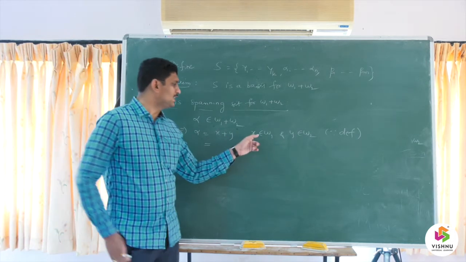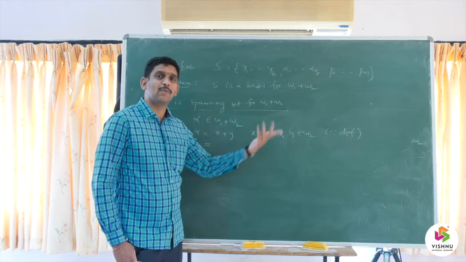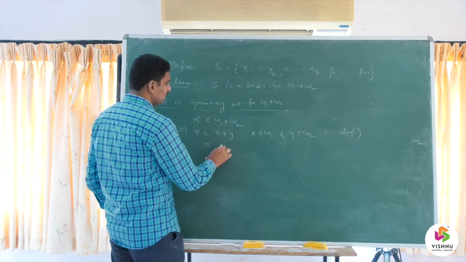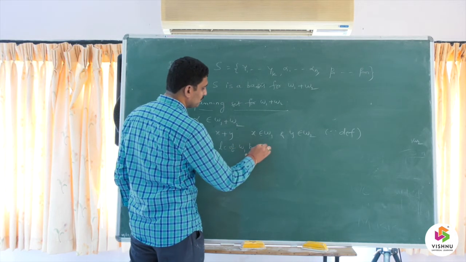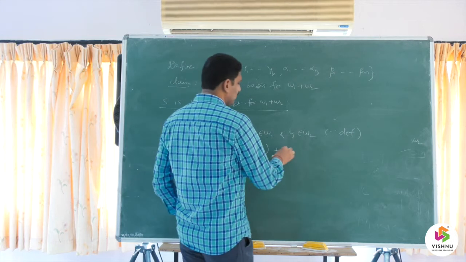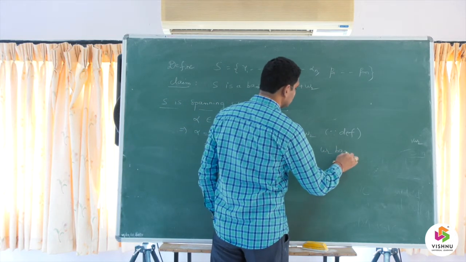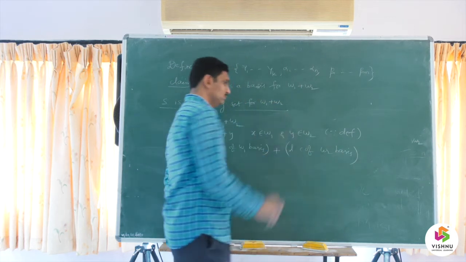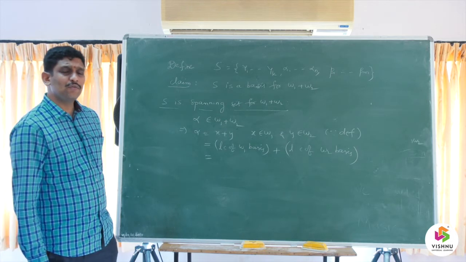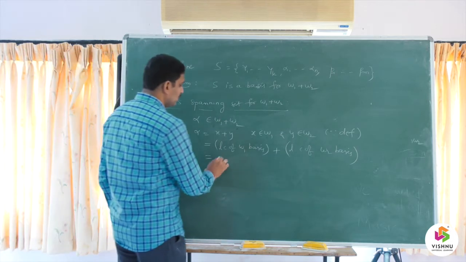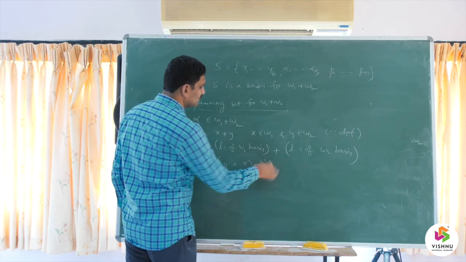Again, since x belongs to W1, you can write x as a linear combination of W1 basis, and you can write y as a linear combination of W2 basis. So what are the elements in W1 basis? Alphas and gammas. So you can write a linear combination of alphas and gammas.